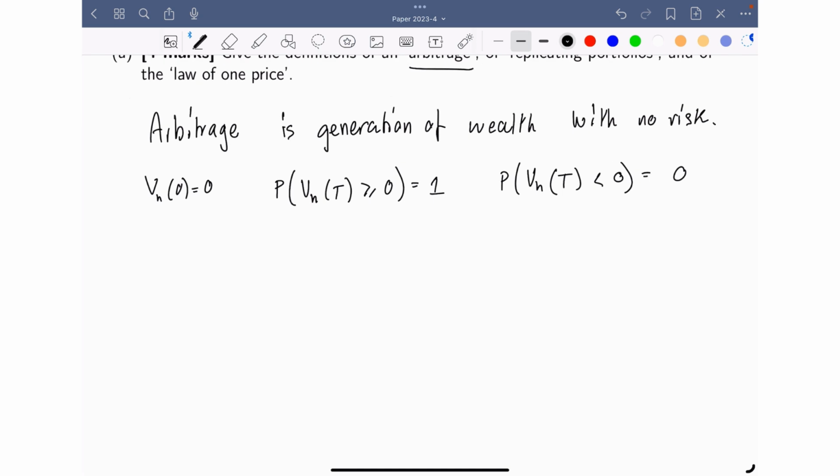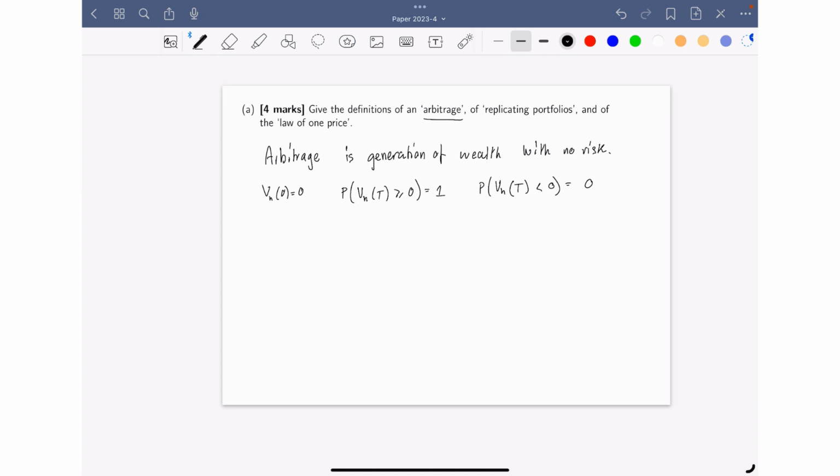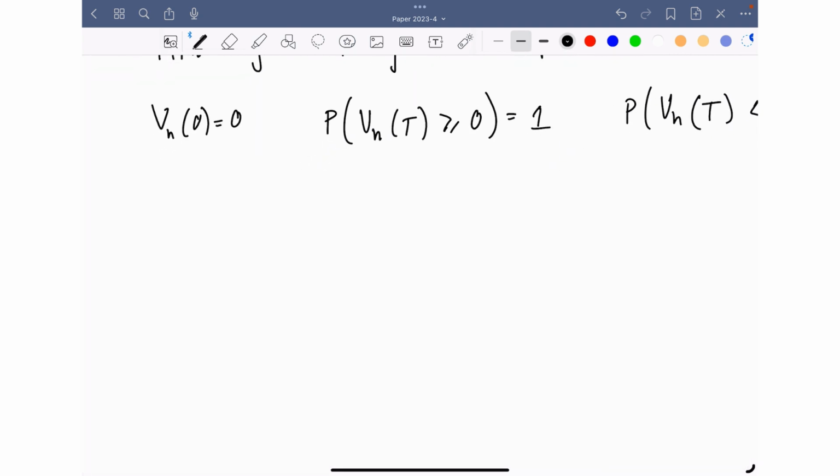Pretty straightforward. So then we have the law of one price and replicating portfolio, which come together.